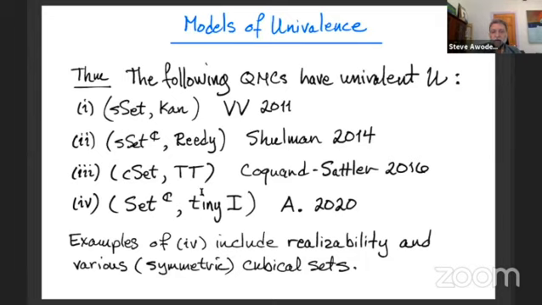And then since then, I've analyzed and generalized this proof to a variety of different cases involving presheaves and simplicial presheaves, using a model structure that's inspired by this type theoretic one, which I, for lack of a better name, call the tiny interval model structure, because it makes use of the assumption that you have an interval, like in a Szyszynski model structure, but we require the interval to be tiny in the sense of Lawvere. And examples of this include also cases of realizability and various different cubical sets, including some symmetric cubical sets. So those will also be interesting examples of infinity toposes.